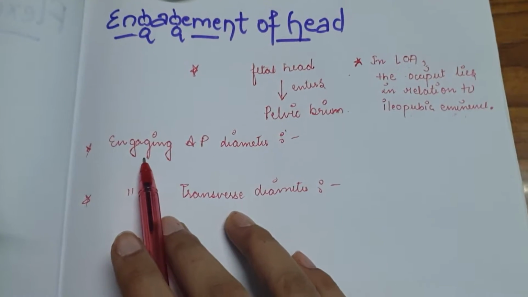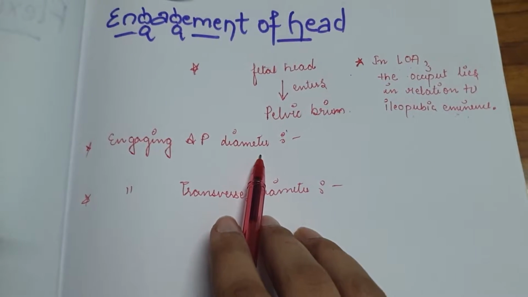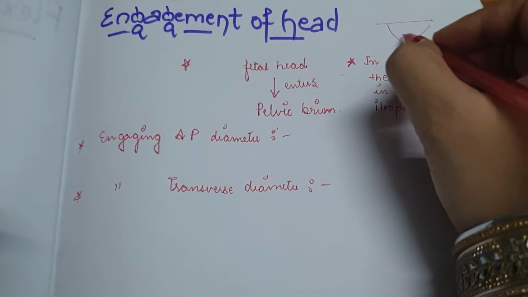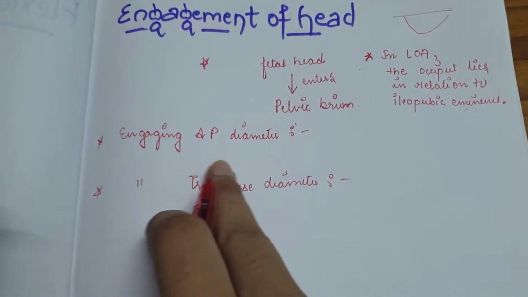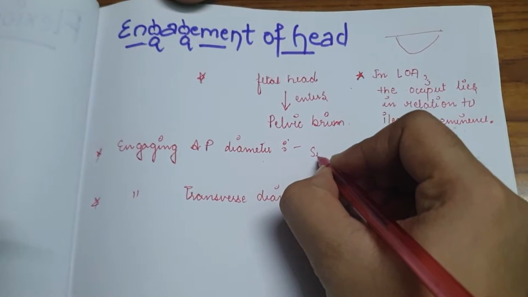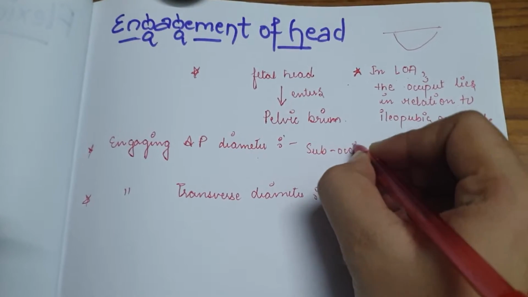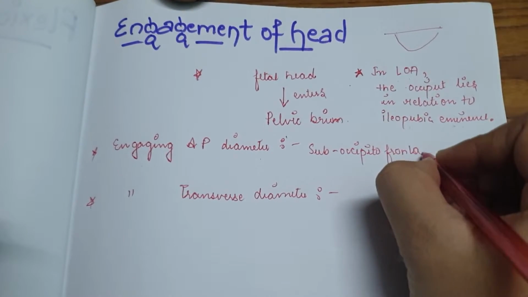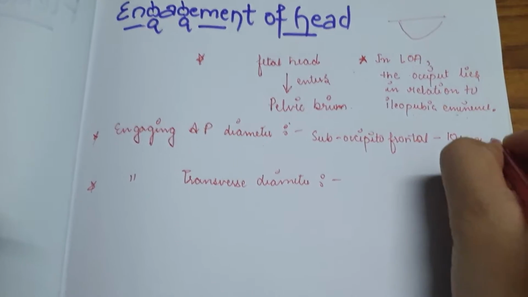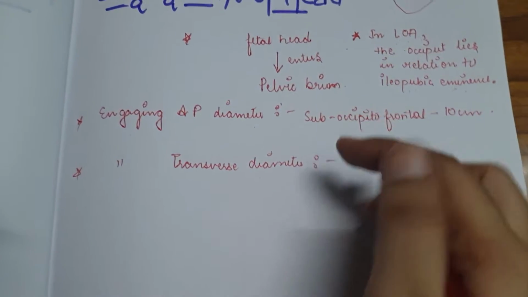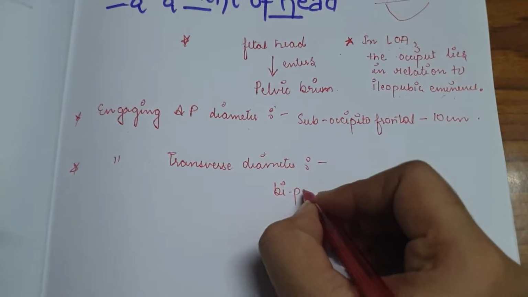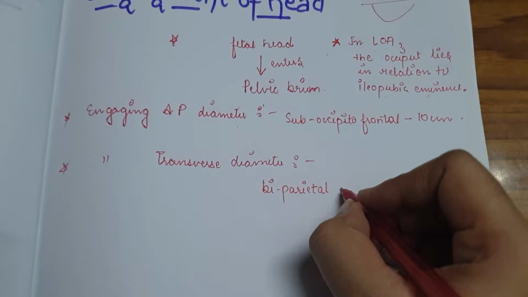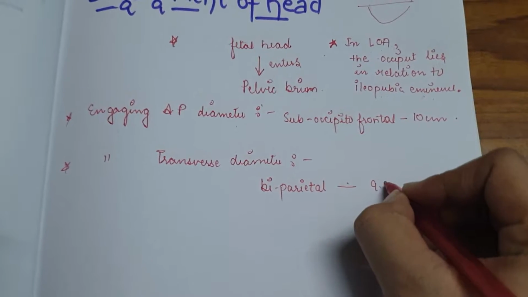The engaging anteroposterior diameter, when the head enters into the pelvic brim, is suboccipitofrontal, which is 10 centimeters, and the engaging transverse diameter is biparietal, meaning the diameter between the two parietal bones, that is 9.5 centimeters.